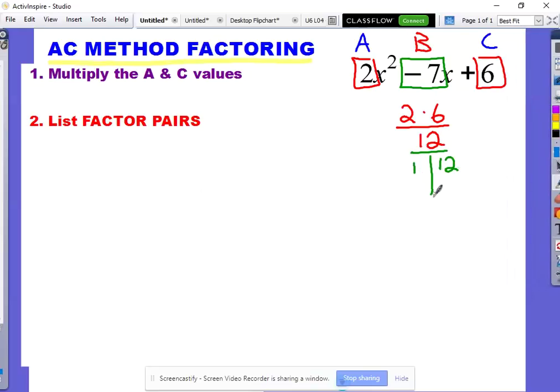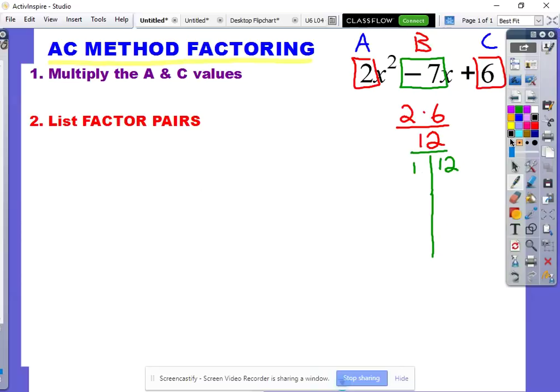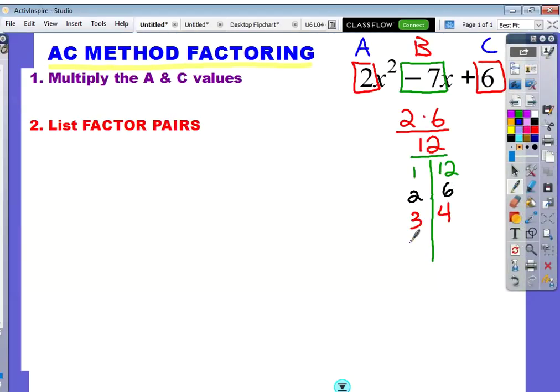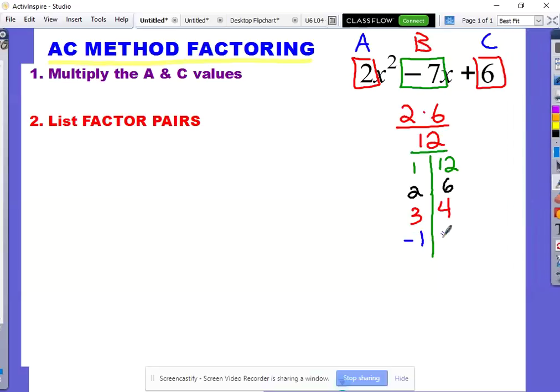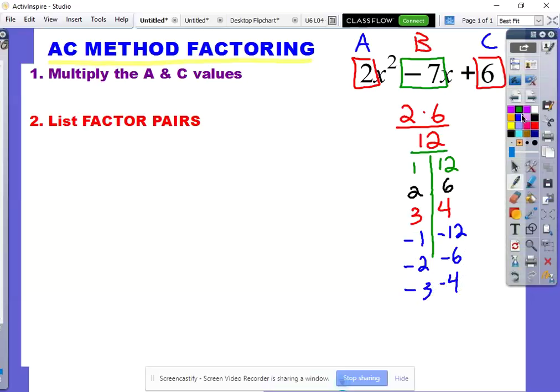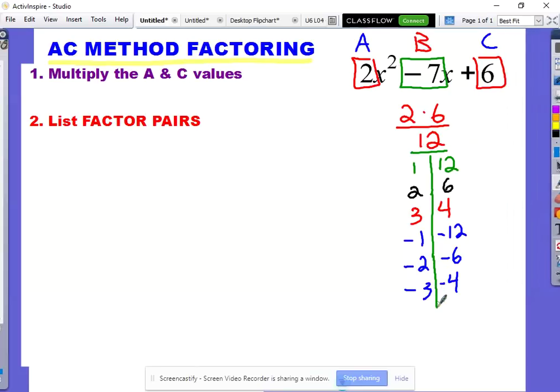So numbers like 1 and 12, numbers like 2 and 6, 3 and 4. And you might think that that's all of our factor pairs, but we actually have to consider the negative factor pairs as well. So negative 1, negative 12, negative 2, negative 6, and negative 3, negative 4. All right. Later on, as you get good at this process, you won't actually have to list all of those. But for now, we want to start out by listing all those factor pairs.